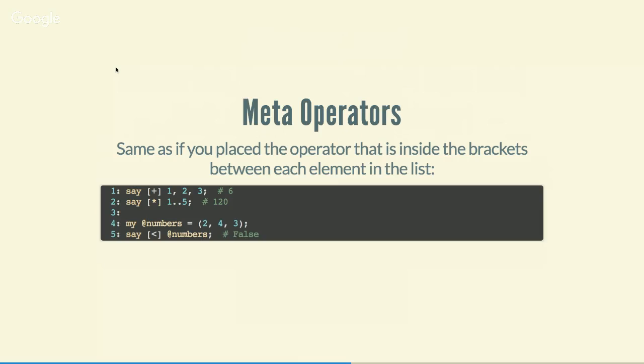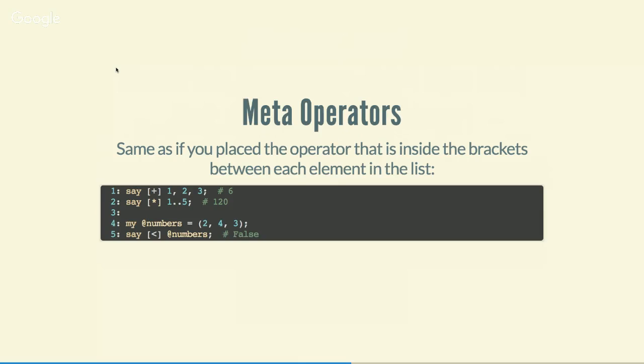Perl 6 also has a whole bunch of meta operators, and I'm going to mention a couple. So the first form, you just put a normal operator inside of square brackets, and it works as if you use that operator between each element in the list.